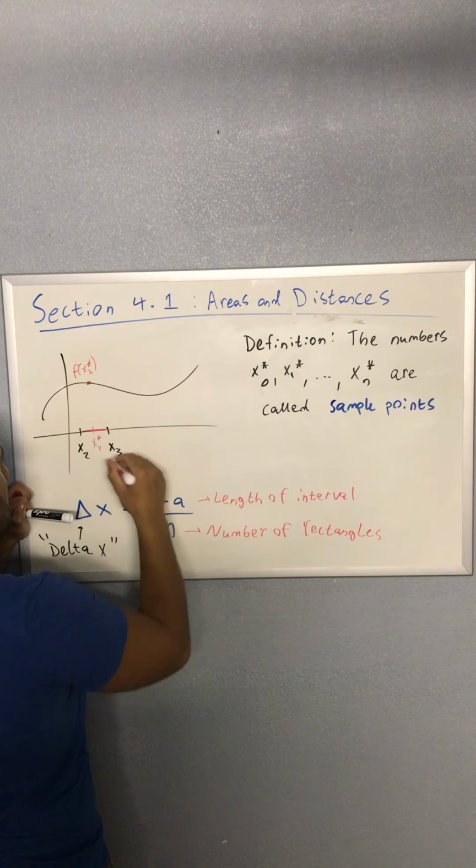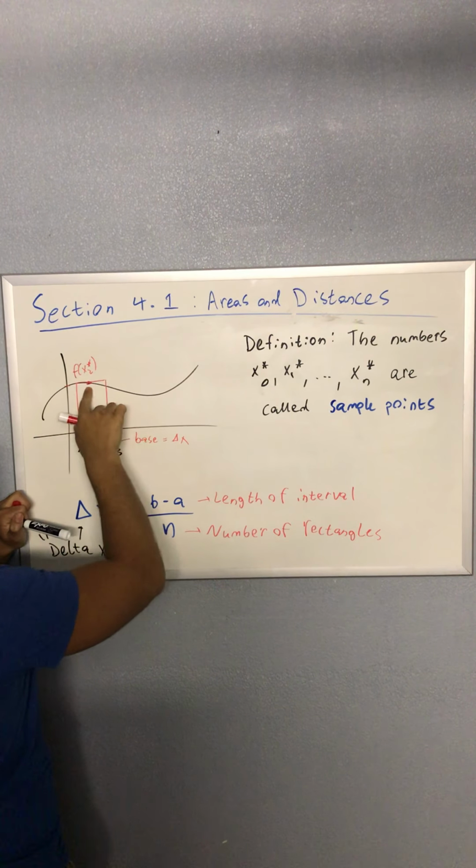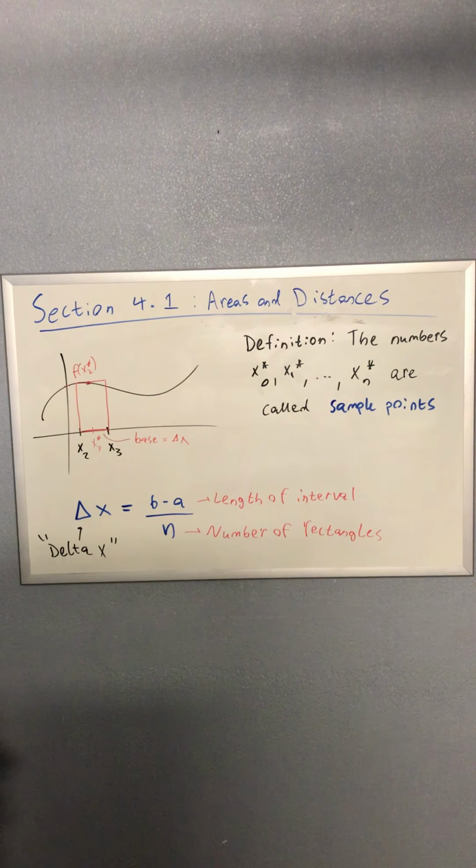We take this to be the height, whatever the value of the function is at the sample point. This is the height of the rectangle.